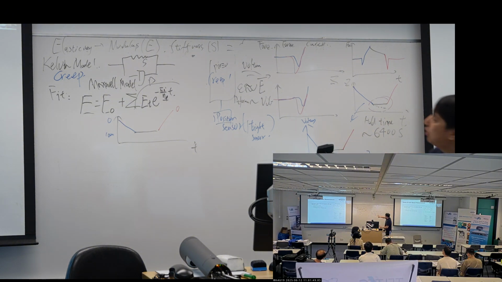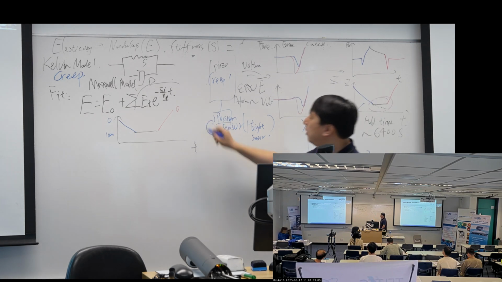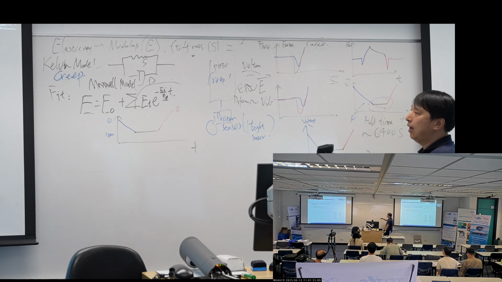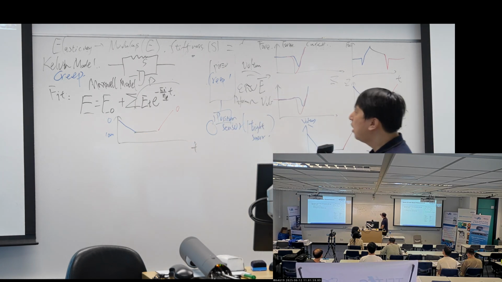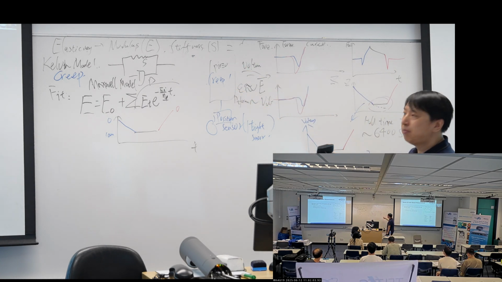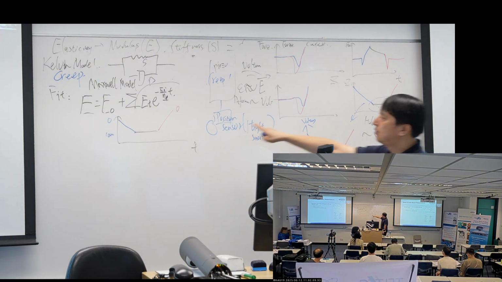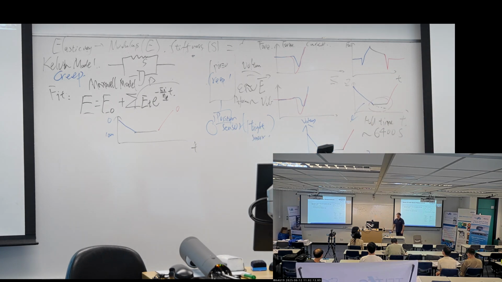So this time I use the help of the sensors. And once I reach 100 nanometers, I do not hold the voltage, but I would change my voltage to make sure the position sensor always gives me the 100 nanometers.